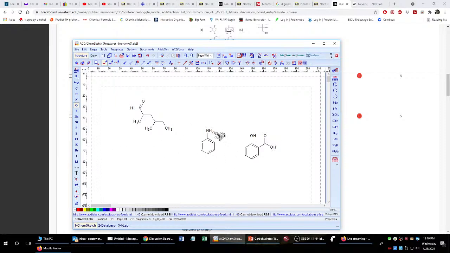So the first step here, we need to produce phenol from the amine, and this phenol will undergo what's called the Kolbe-Schmidt reaction in order to generate this compound.